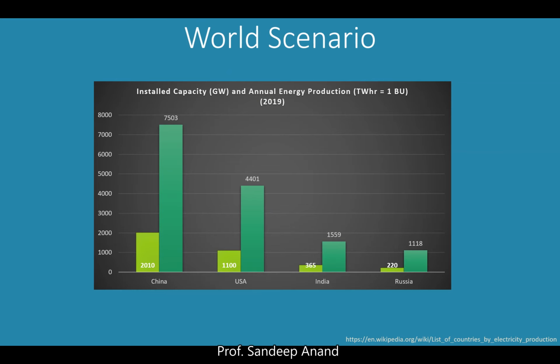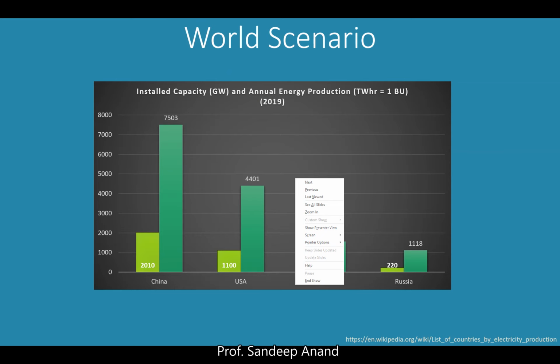And so these are the four, starting from the highest on the left to the fourth point on the right, countries in terms of installed capacity of electricity generation. So China has about 2010 gigawatt of installed capacity.